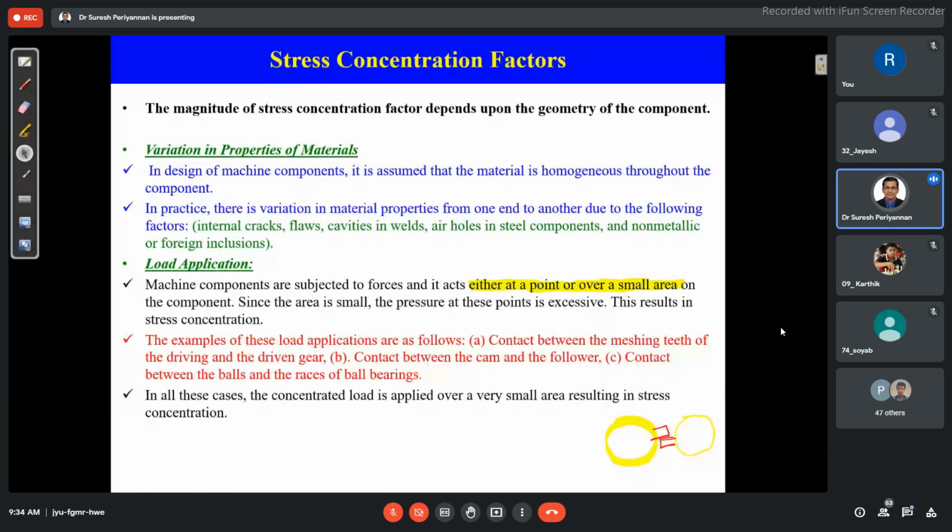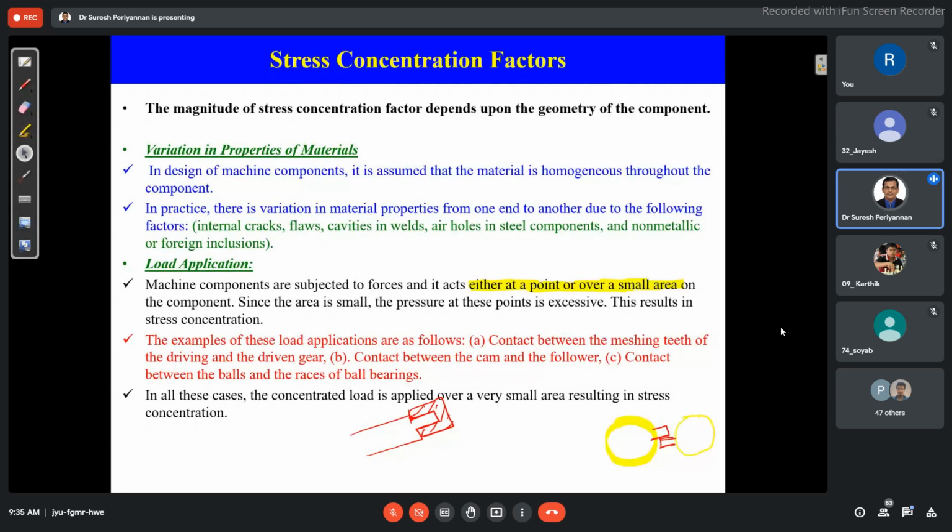The change in cross section, the change in shape of the shaft, also causes more stress concentration, especially in these regions.